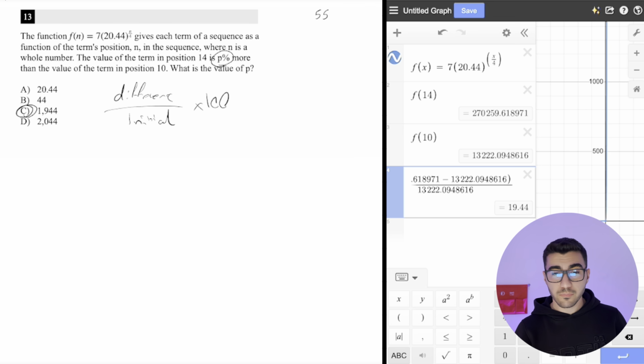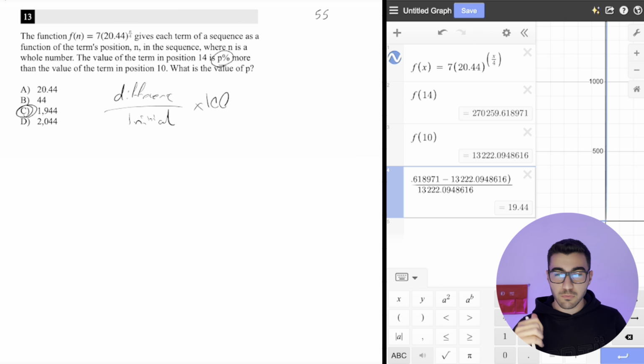For example, 4 is 100% more than 2. That means that's 2 times the previous one. Okay, I think I'm going to confuse you here, but when it says 100% more than something, it says twice that.